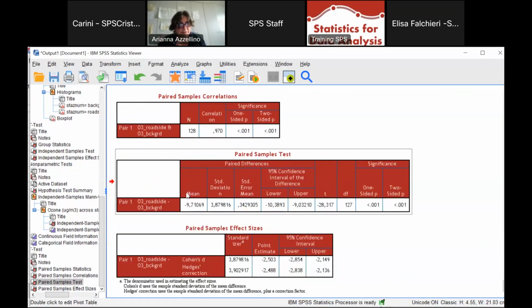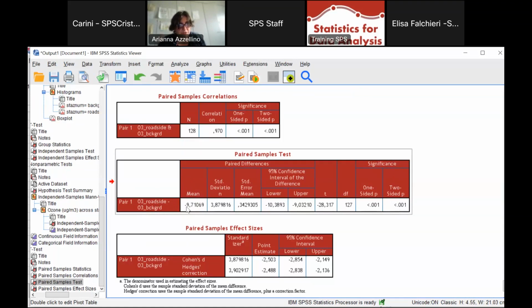I have this mean here, that is the mean of the differences between the ozone measured at the roadside minus ozone at the background station. And finally, according to this significance term, I can also reject the hypothesis that this mean is equal to 0.